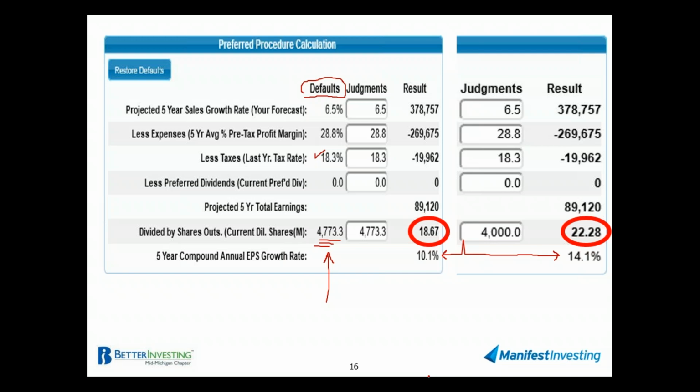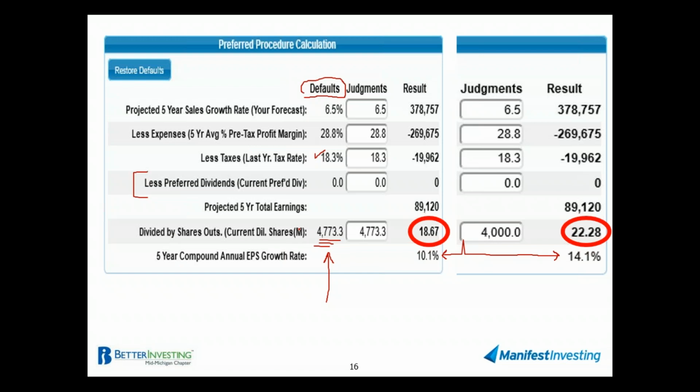The preferred procedure is a wonderful, wonderful tool. But right now, and for the next couple of years, you can't just depend on the defaults and read the result. You have to reason your way through every single line on the preferred procedure. Since most of our companies don't do preferred dividends, that's the fourth line down, we're only talking about reasoning through 4 lines.